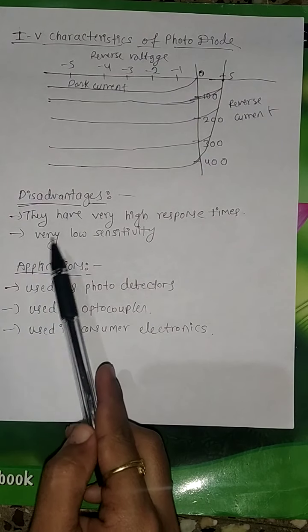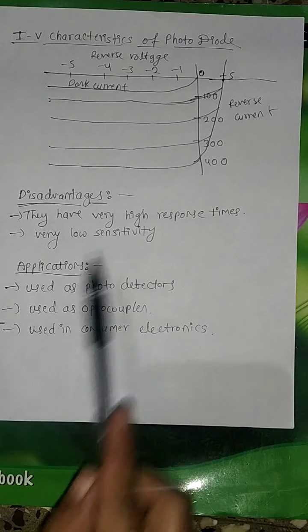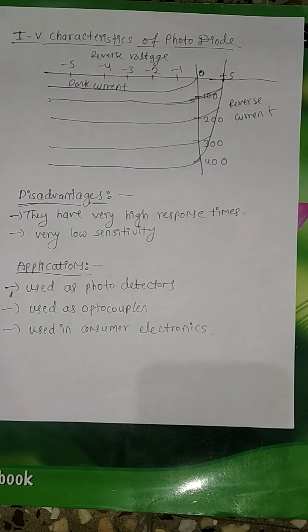And the second disadvantage is they have very low sensitivity. This is a low sensitivity diode. Low sensitivity means what? We should not give more voltage to this diode. We are not supposed to give high voltage to this diode. Again, if you supply high voltage, it can burn.